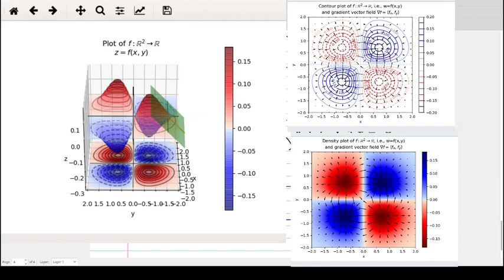Before we do that, I want to introduce what's called the gradient vector, because this will be a very, very big tool for us going forward.